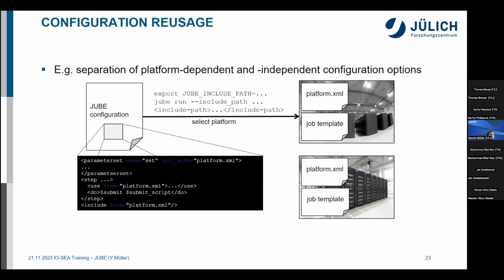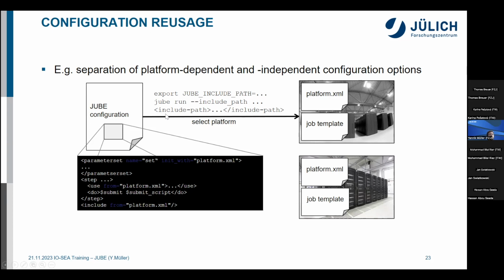So that's very handy. There are job templates called submit.job, and there's a bunch of parameters predefined in platform XML, and you can see those files or make those files visible if you either export the JUBE include path to the place where these files are, or if you do JUBE run --include-path, or you can also at the beginning of your JUBE script add the tag include path.